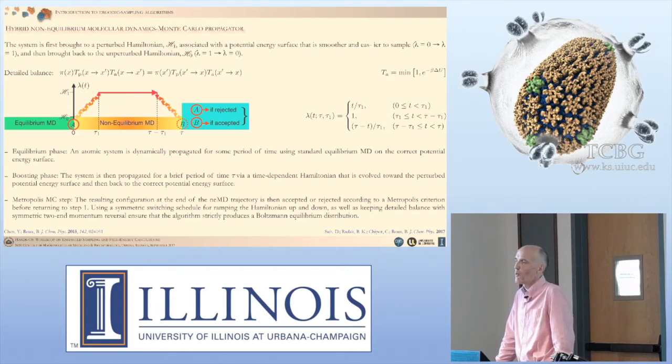What we've done, we do some preliminary simulations, pure AMD simulations, to see what's the best boost. So we run a certain number of steps of equilibrium MD, then we turn to AMD, run AMD for a while, and then go back to equilibrium. But the parameters are optimized from preliminary, pure AMD simulation.